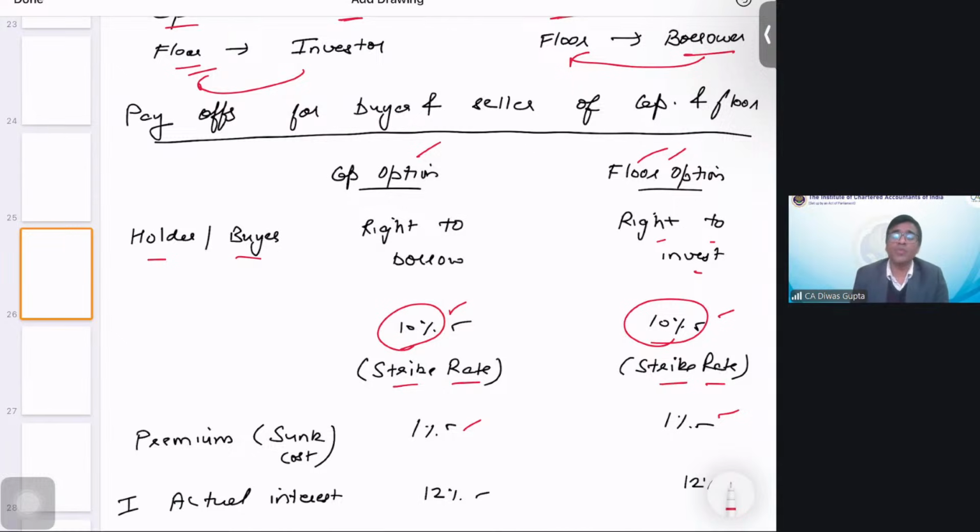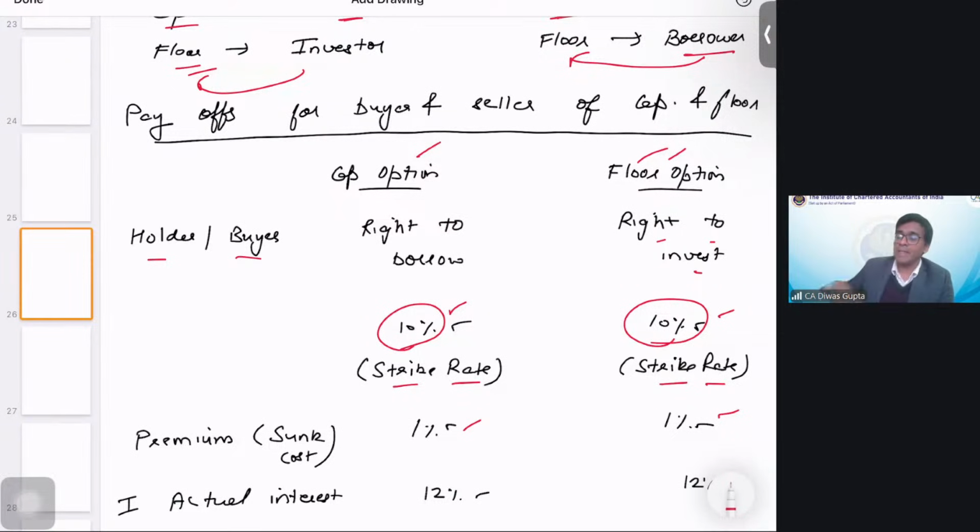Can I say that there is a loss of 2%? Yes, very good, Saminathan. Very good, Lavanya. Prashant, there is no loss of 2%. Why? Because you will just go and invest at 12%. Right? That means you are capturing the market possibility within your decision. Yes, you're right, Sachi.